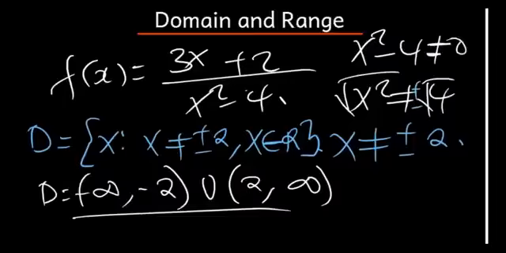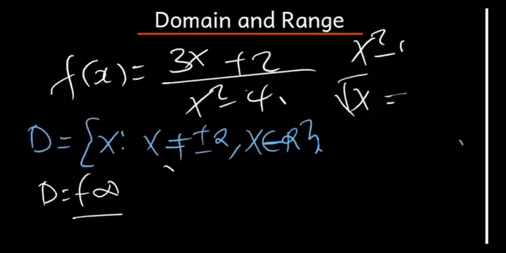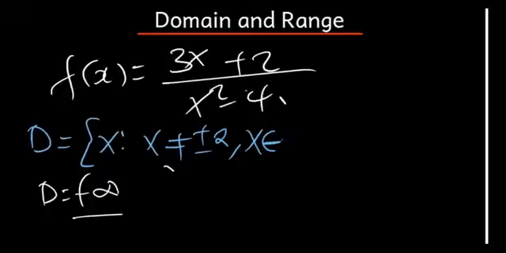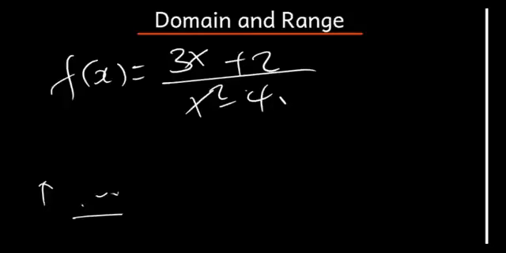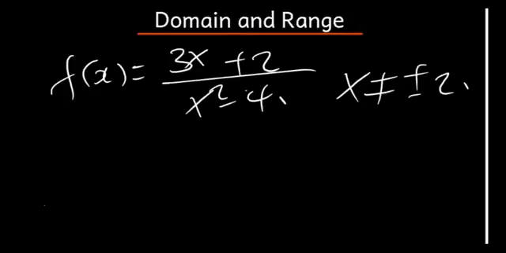Okay, now how do we find the range? Find the inverse of the function. The same method which we used on how to find the range, that will be the same method which we're going to use. Now you can even test here. We are saying that x should not be equal to plus or minus 2. And for sure, if I plug in 2 here, it's going to give me 4, and 4 minus 4 is 0.